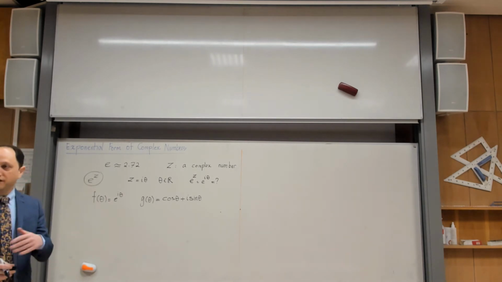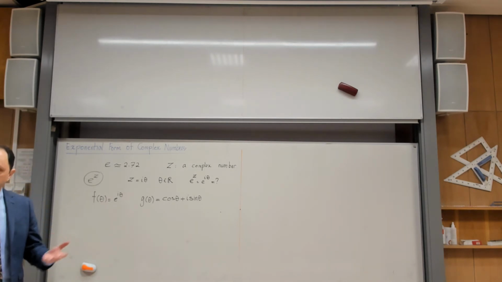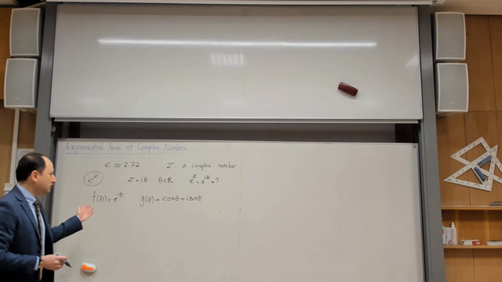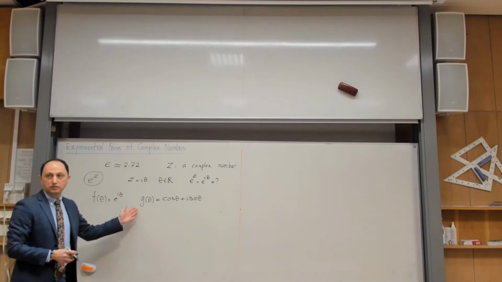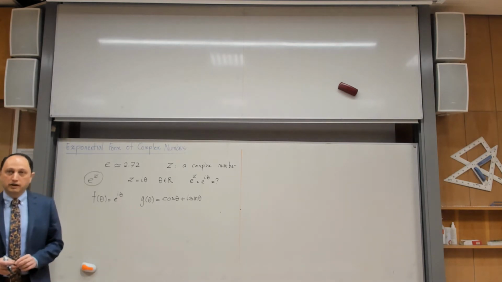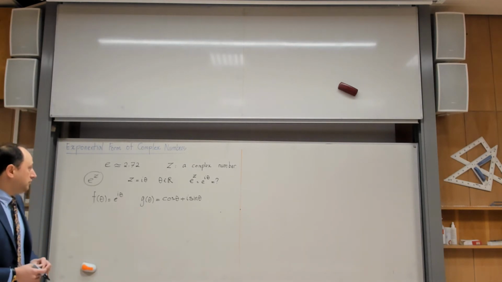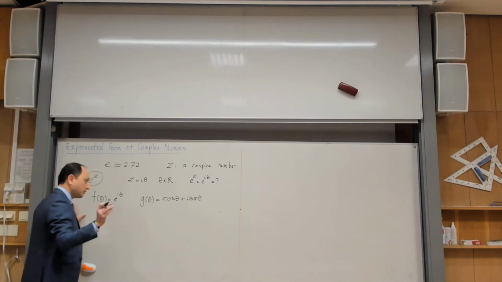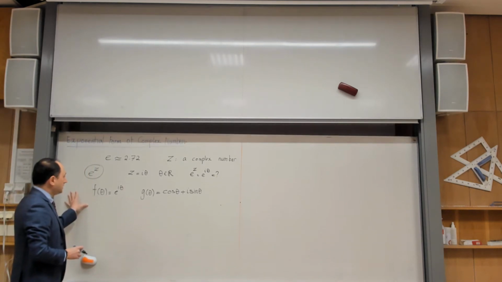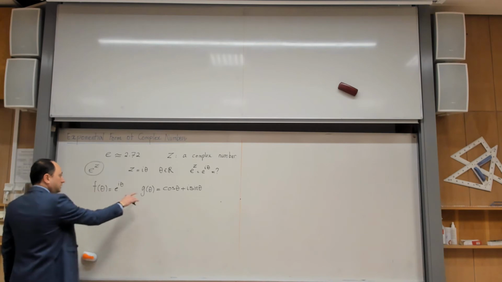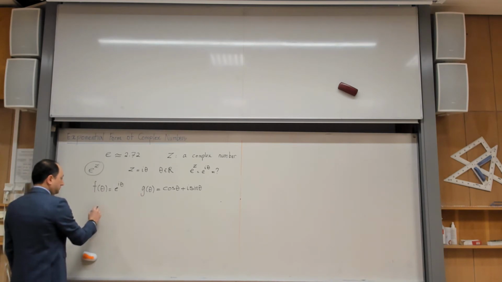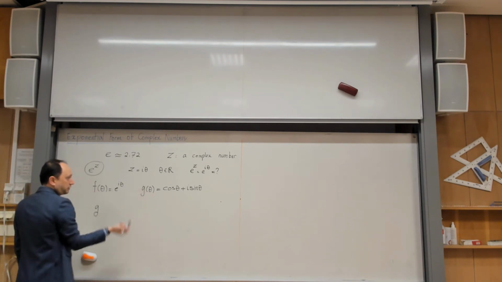Okay, so we put everything under the rock, and we assume that, which is a correct assumption if you go to higher mathematics, you will see that whatever you learned for differentiation of real functions will also apply for the differentiation of complex functions. So this is why I want to take the derivative of this function with respect to its variable theta. Yes?